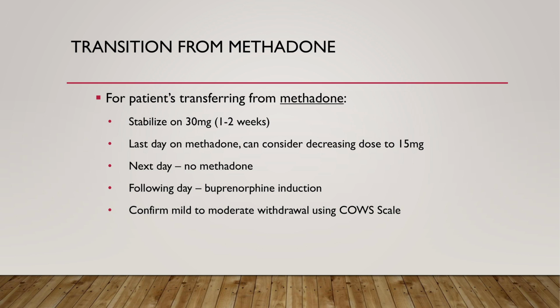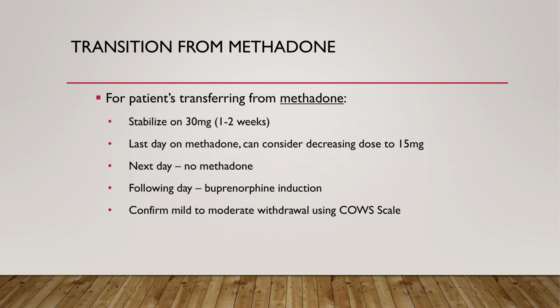As I talked about before, methadone is a special case. If the patient is abusing methadone, it can be difficult to transition them to buprenorphine. Generally, you have to taper them down to 30 to 20 milligrams before even considering switching them to buprenorphine. And they often have to be abstinent from methadone for at least 24, maybe 48 hours before starting buprenorphine.